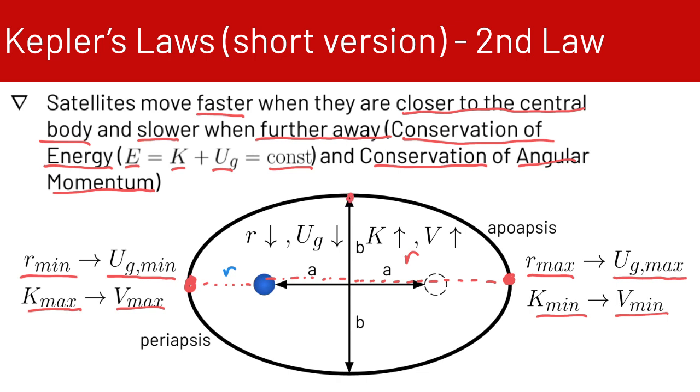So here, in the middle of the orbit, the radius is decreasing, and the gravitational potential is decreasing, but the kinetic energy and the velocity are increasing. So we can think about our velocity vector getting longer, whereas out here the velocity vector is short, and here the velocity vector is very long.